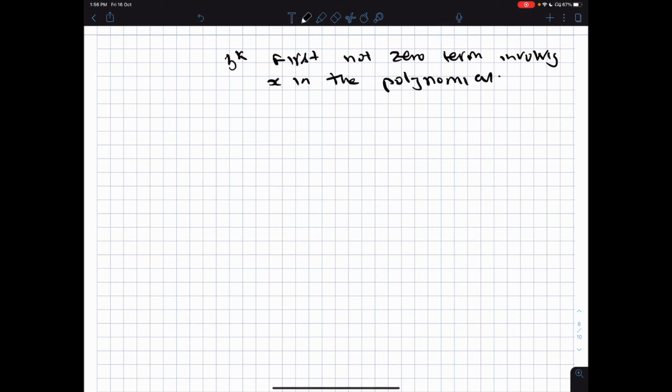That means after b naught, the first term that you get is bk z to the power k, and then everything goes on up to the very first term.